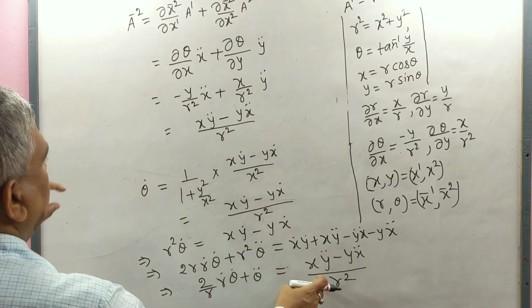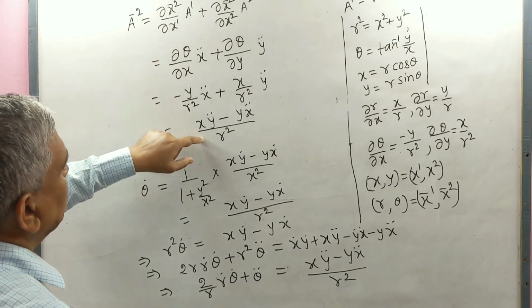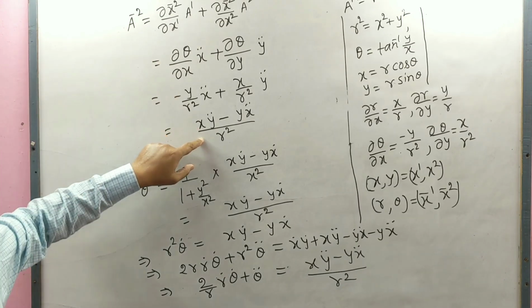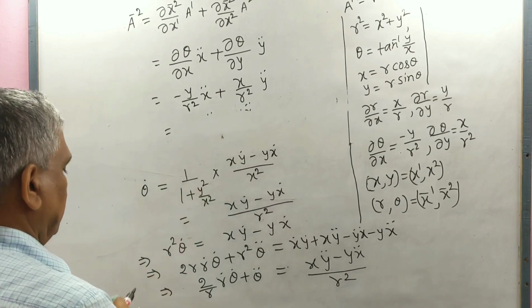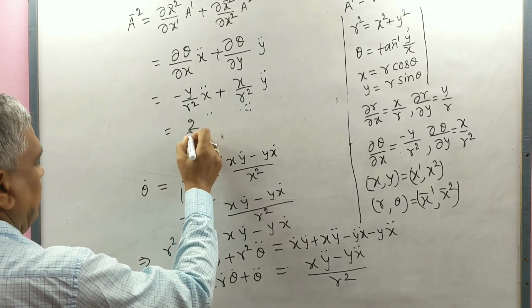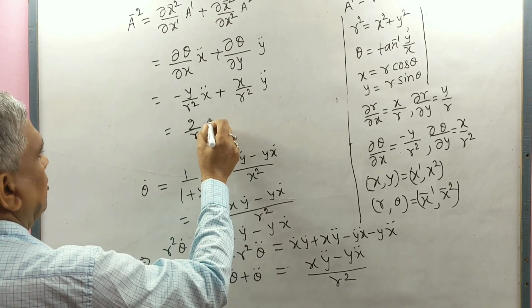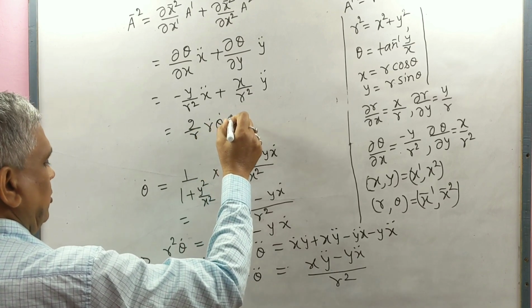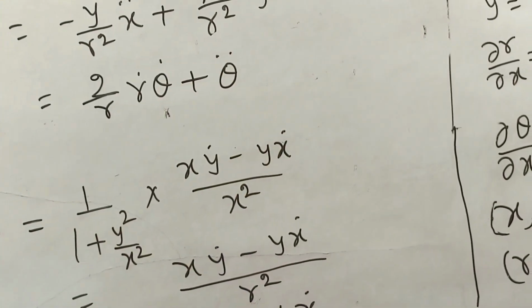Putting this value in a bar 2, we get the result 2 by r dot theta dot plus theta double dot.